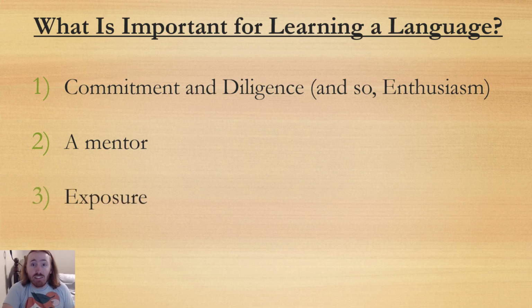The next thing that I have here is exposure. And this is why the human brain is really interesting. If you're sitting alone in America trying to learn Japanese, you'll spend months, you'll spend years trying to do it and only be okay at it.